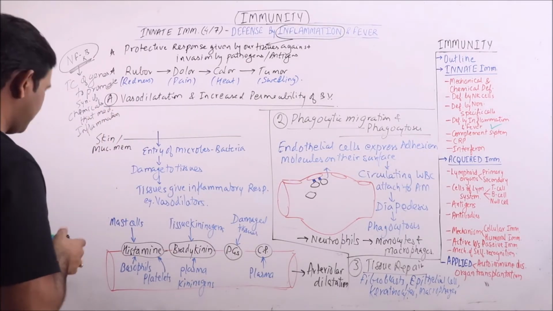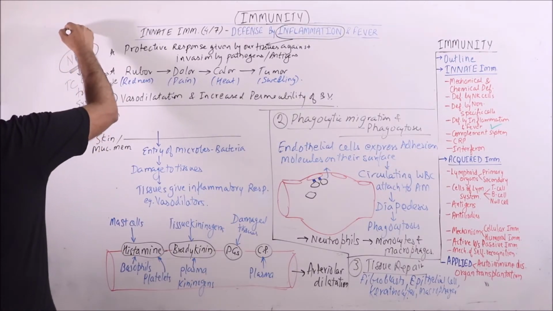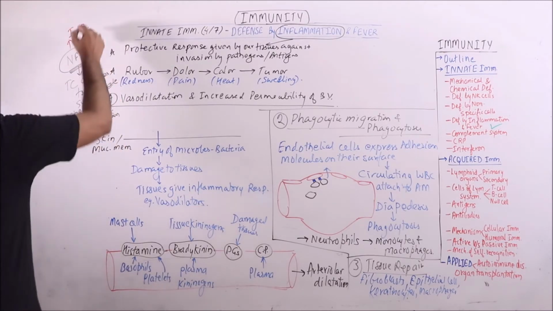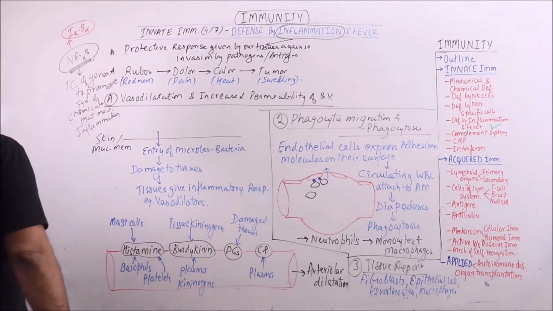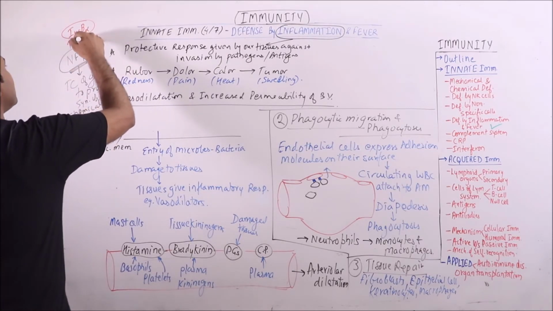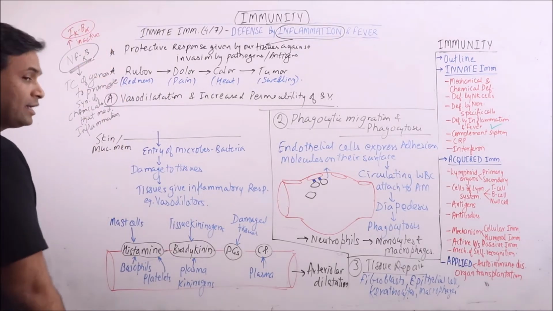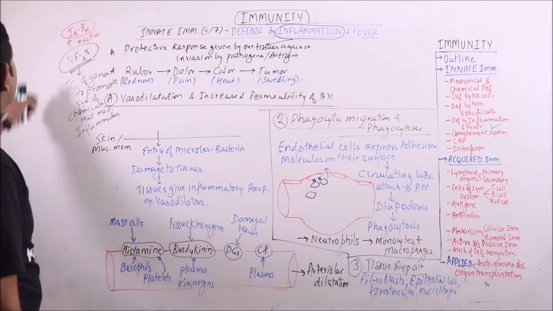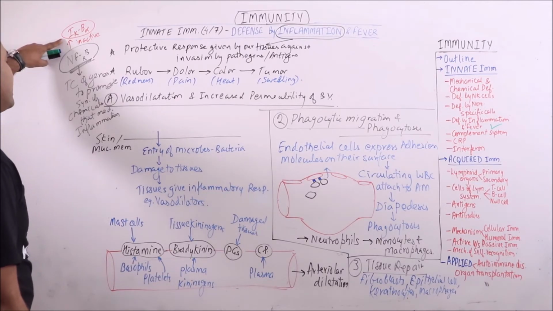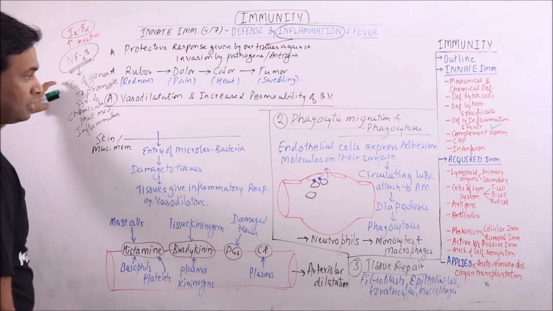But this factor usually remains inactive because it binds with IKB alpha. This is a cytoplasmic protein which binds with NF-κB and keeps it inactive. So many anti-inflammatory drugs actually promote the synthesis of IKB alpha so that NF-κB may remain inactive.